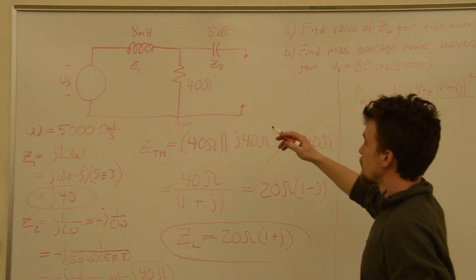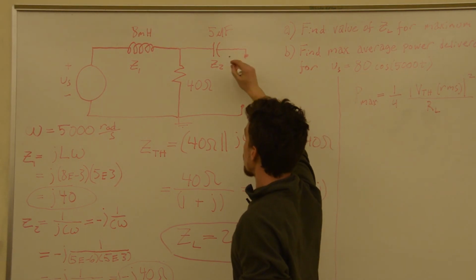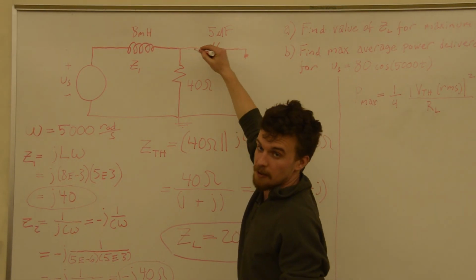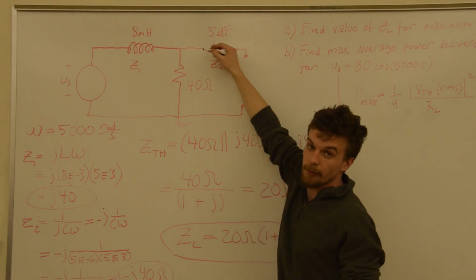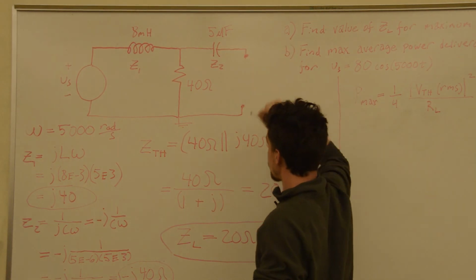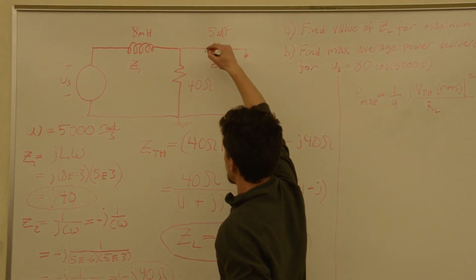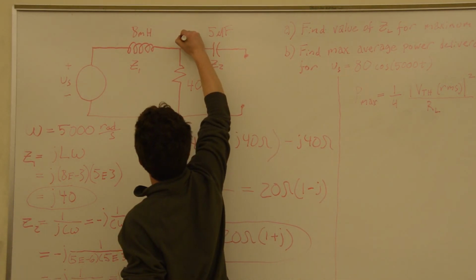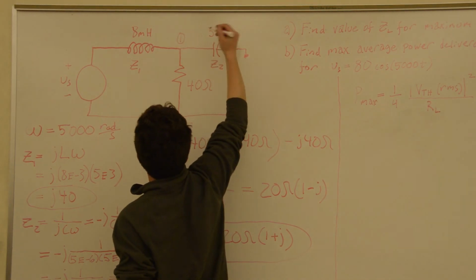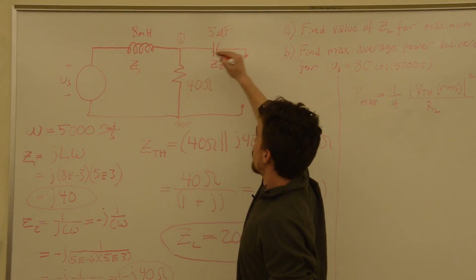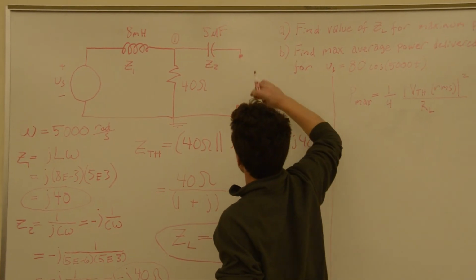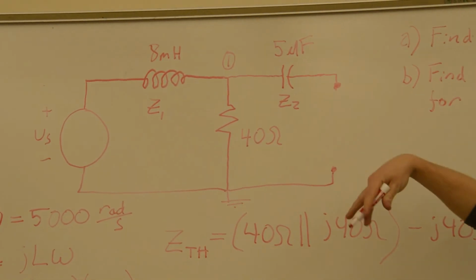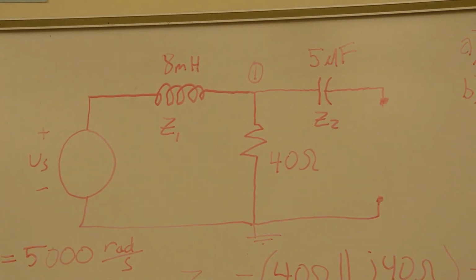Right away we can see one thing: no current can flow in this branch, so there's never going to be a change in voltage across this capacitor. The voltage at this node, which we'll call node 1, is always equal to the voltage here, because nothing can happen with this. It just floats at whatever value this node's at.